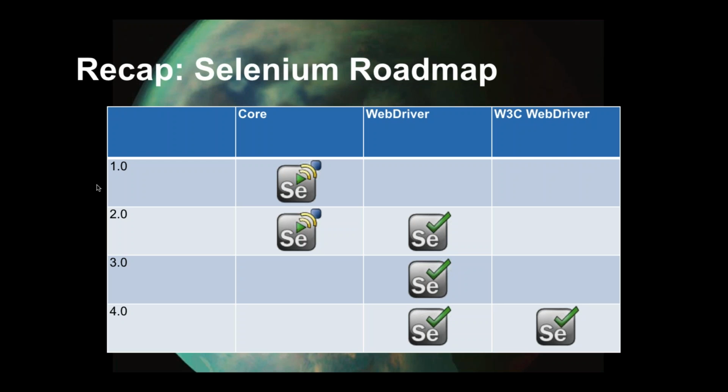The difference between 3.0 and 4.0 is far less dramatic in terms of your tests. It's only if you write your own infrastructure, for example, if you're a company such as BrowserMob or Sauce Labs or something like that, who have their own server implementation, who will suddenly start to need to be able to speak this wire protocol. If you don't care about the wire protocol, it's effectively a no-op change.